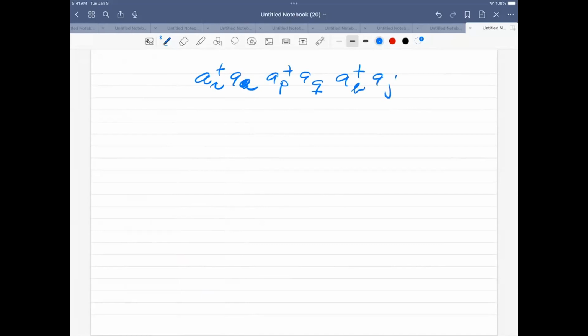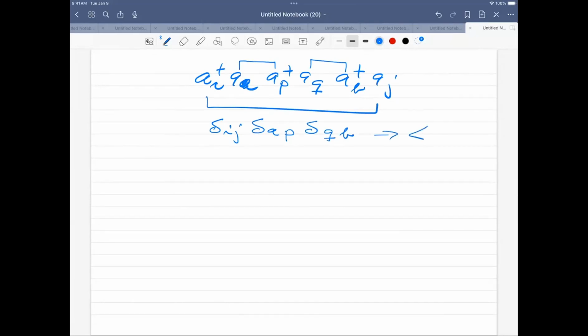So the only possible contractions are now the type of contractions here. So these will be particle states, and then these will be hole states. So that's going to put a constraint on delta IJ, or the Kronecker delta, delta AP, and delta QB. And that will give us a contribution which runs like A of F times B. And it's pretty common to just skip delta IJ.